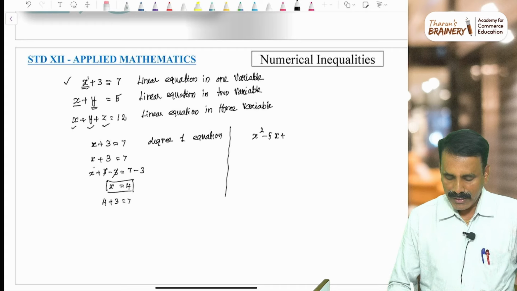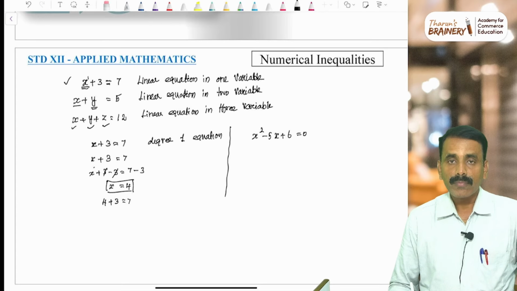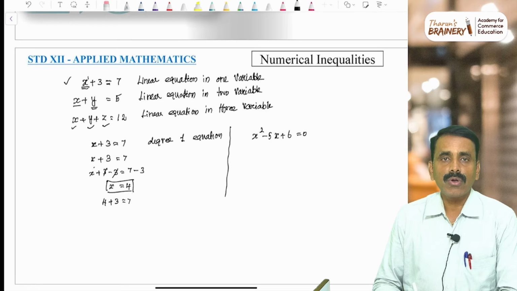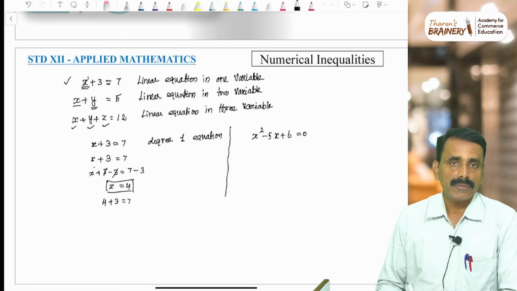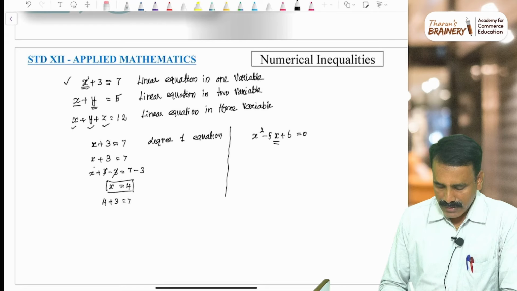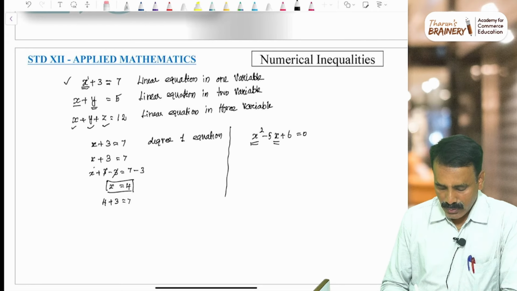x square minus 5x plus 6 is equal to 0. This equation is not called a linear equation. Why is this not a linear equation? Although we have a term containing x, the highest degree of this equation is x square.